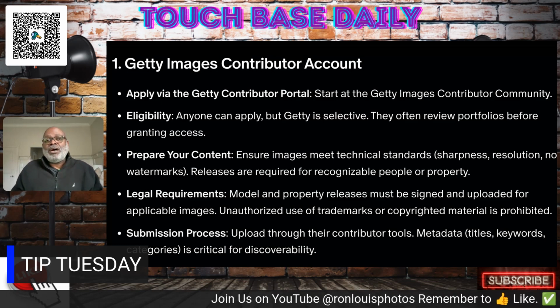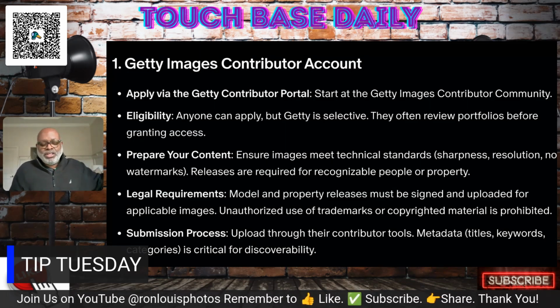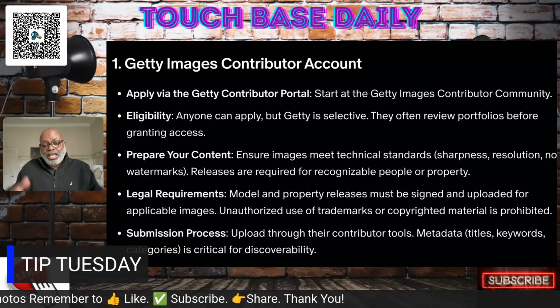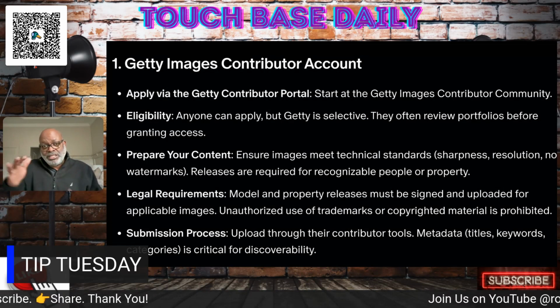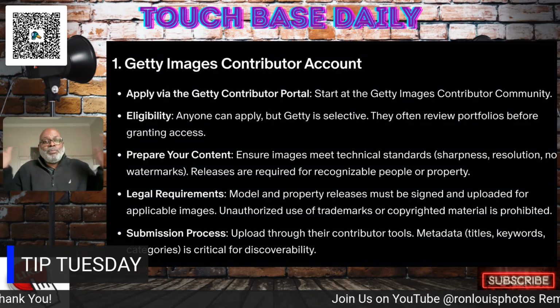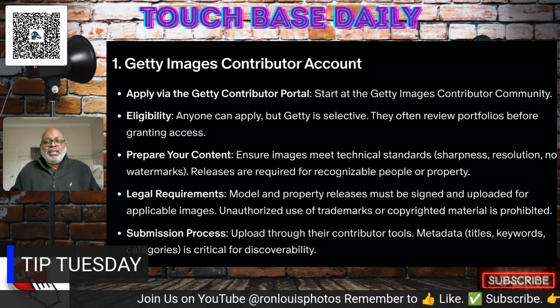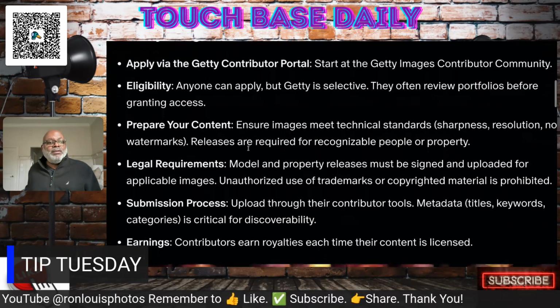If you have Adobe, you can use your Behance page. Once you have an Adobe account, you can set up your Behance. That's another option, and it's a free website. So you can put all your photos in one place, and then they can review it and see the quality of your work.